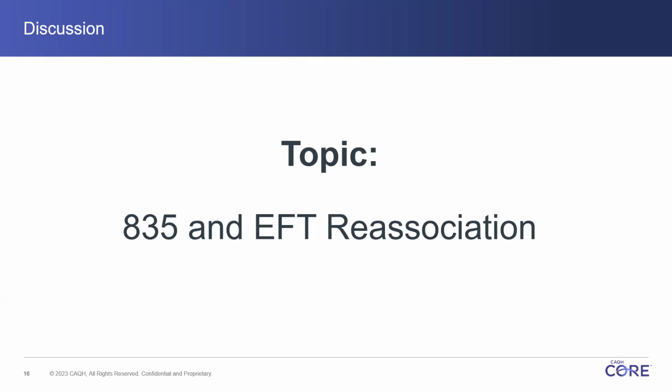So I can't really address CTX or virtual card payments because we don't have operating rules for those. But guidance for the industry on the use of the CCD Plus may be more helpful because we do have operating rules for those. We do have the 835 standard, and they work really well together, especially because we have this reassociation data set that helps providers match these two transactions and better post.